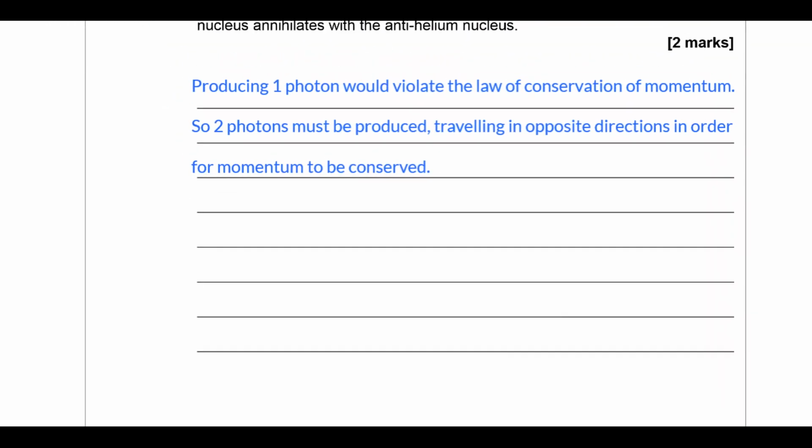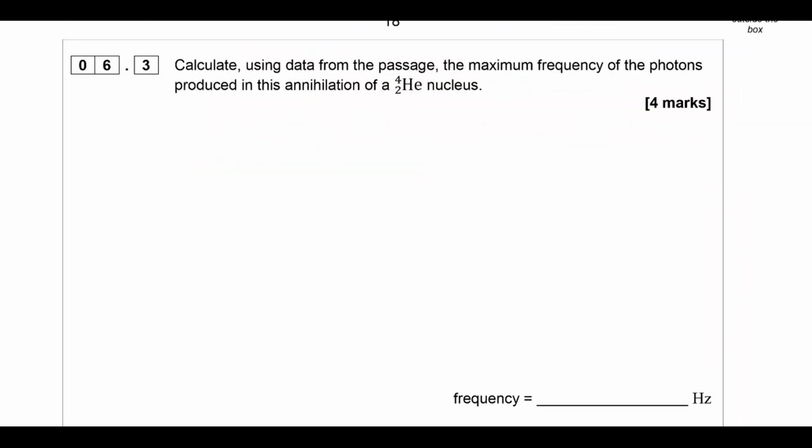So let's move on to the next part. Calculate, using data from the passage, the maximum frequency of the photons produced in this annihilation of the nuclei. So the total energy is going to be the sum of the rest energies of the 2 particles. So 2 times 3728, giving us a total rest energy available of 7456 megaelectron-volts.